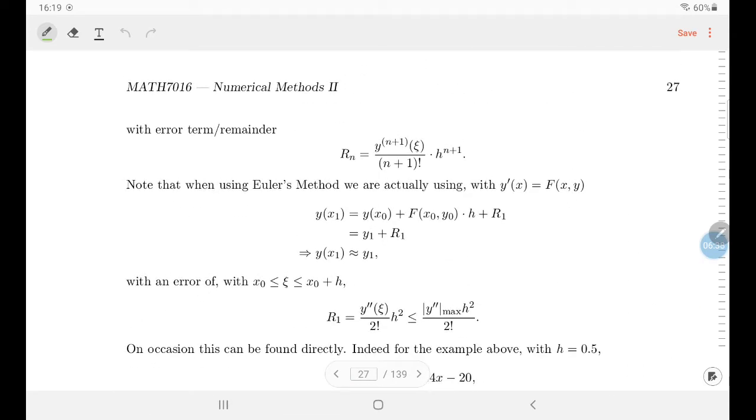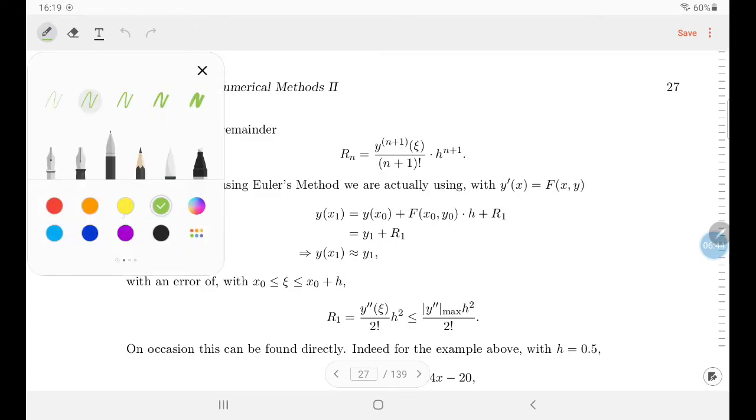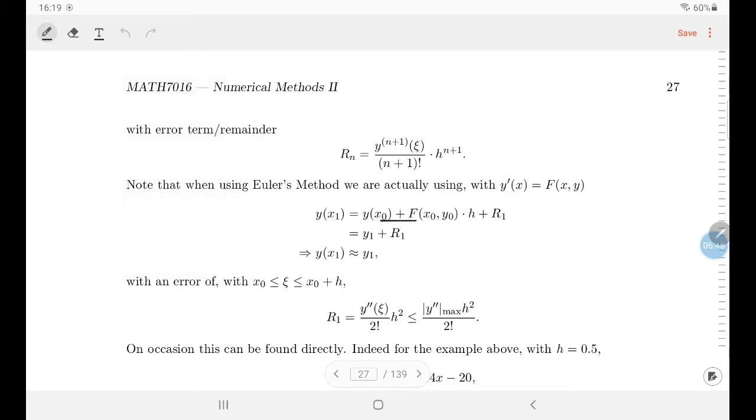Right. So if we're using Euler's method, the true solution, y of x1, is equal to y of x0, the previous point, plus step size times previous slope plus R1. And so you get that the true solution is equal to y1 plus one of these remainder terms, this R, and it's the R1.